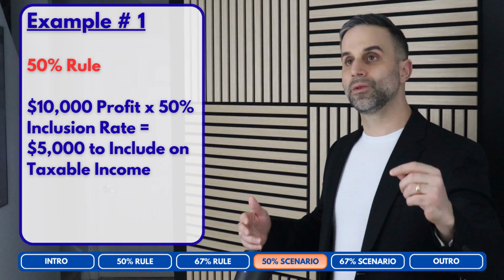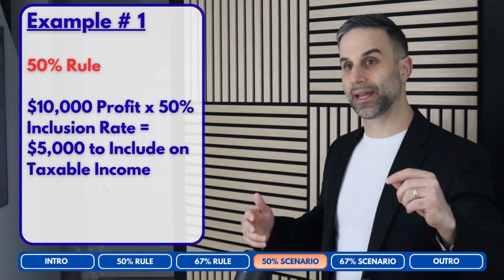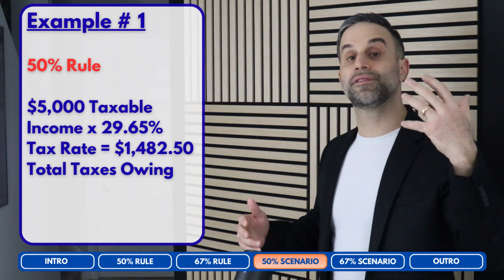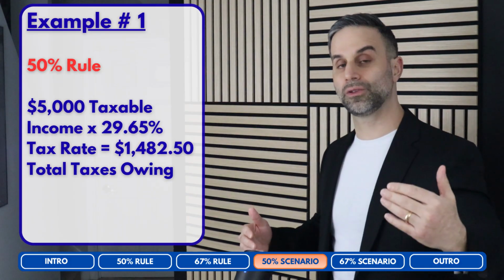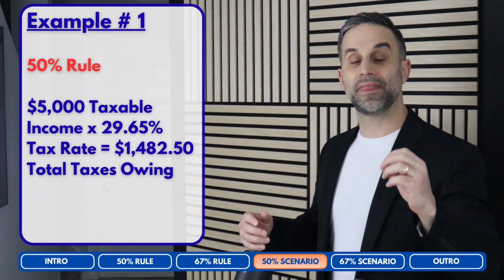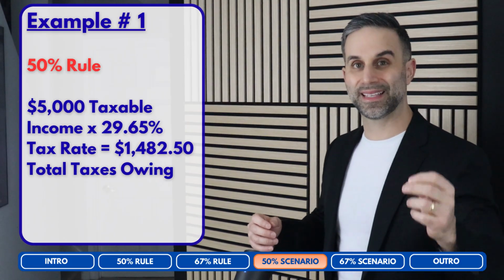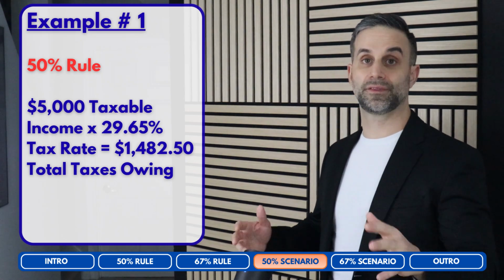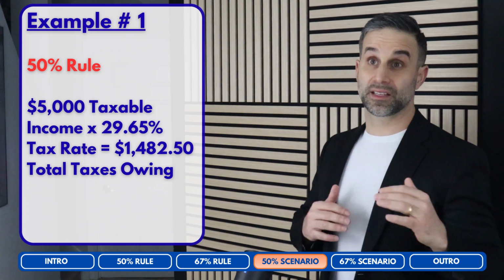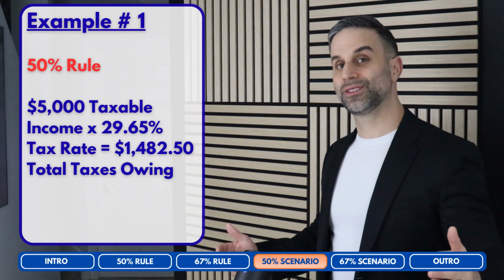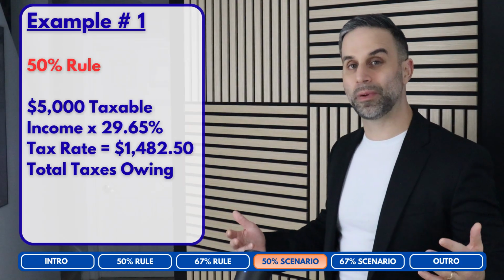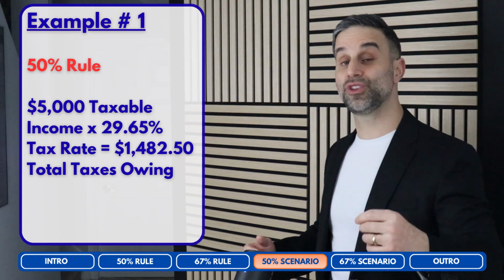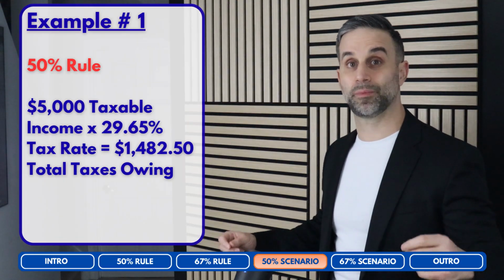That would put you in the tax bracket where you would need to pay roughly 30% on the $5,000 that we are including from the capital gains. This would result in you paying taxes of just under $1,500. That's still not something that you would like to do, but these are the rules we have to abide by, and it's still way better than paying the $5,000 that some of you might have thought you would have had to pay.